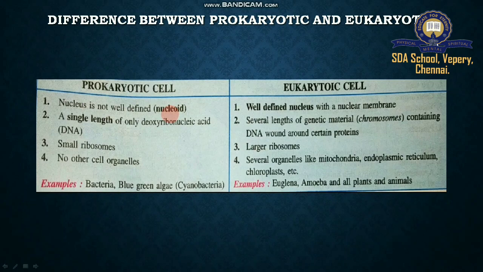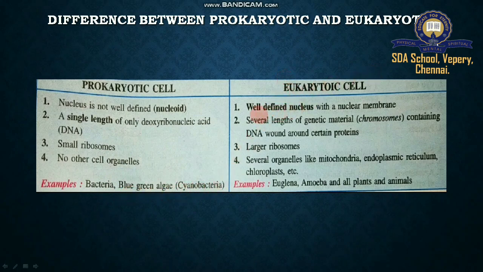This is the bacterial nucleus, commonly called a nucleoid, made of a single length of DNA or RNA. Small ribosomes are present, but no other cell organelles, because organelles are completely absent. A prokaryotic one-celled bacterium has an outer membrane, then cytoplasm, then nuclear material, either DNA or RNA. Examples: bacteria, blue green algae, cyanobacteria.